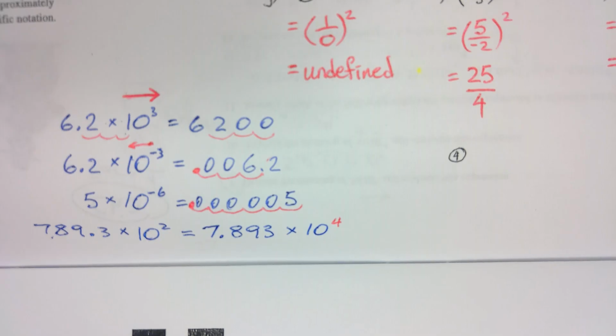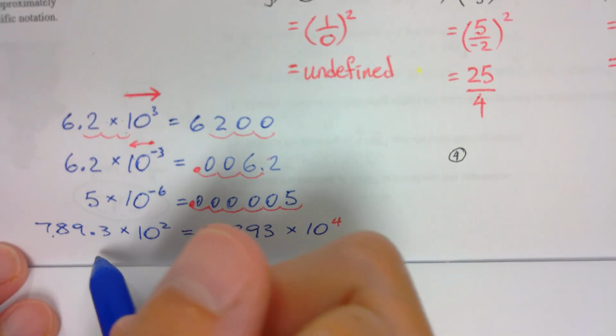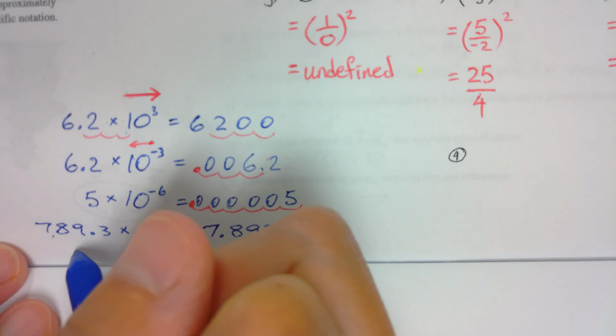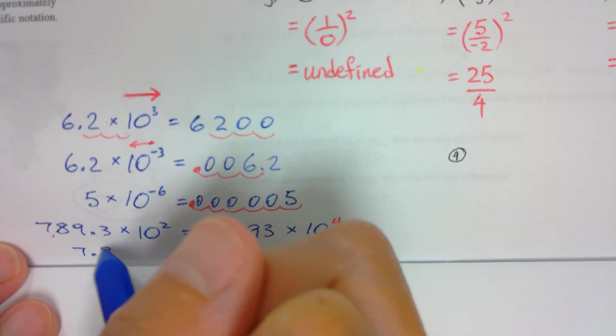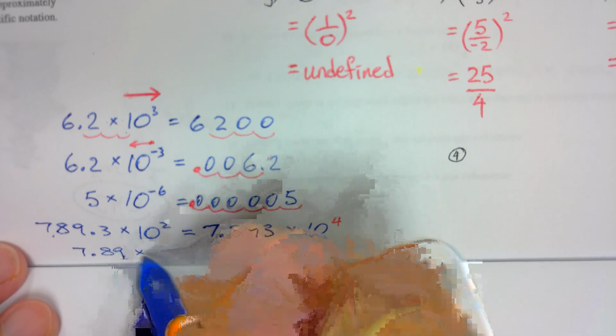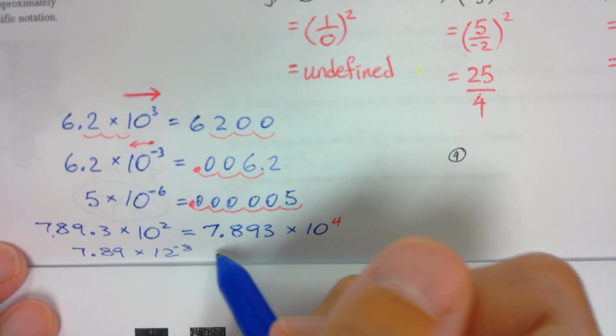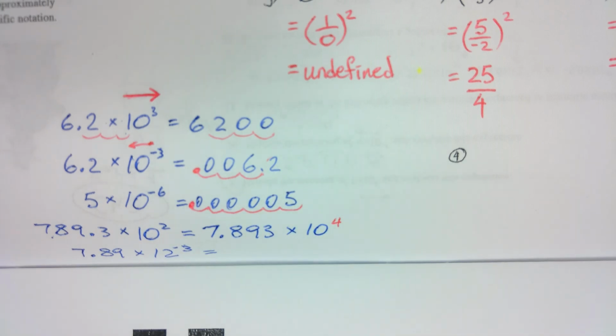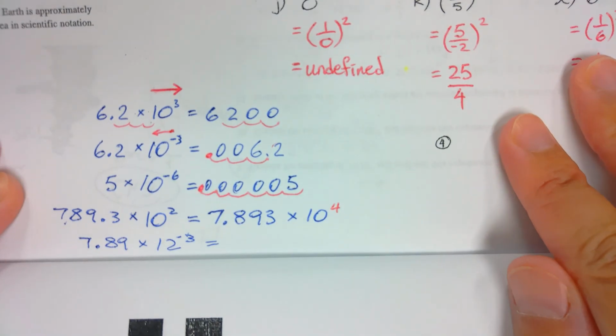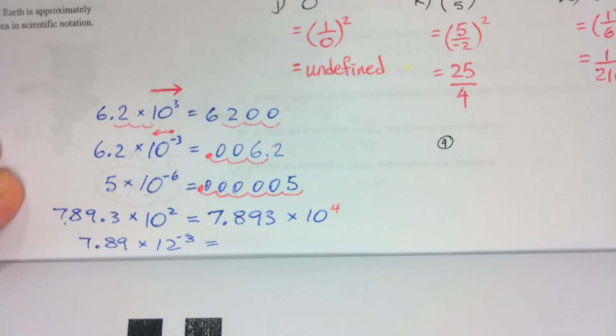Okay. One last one. 7.89 times 12 to some power. Is this proper scientific notation? Those who say yes. Those who say no. Okay, Vincent, what's wrong?